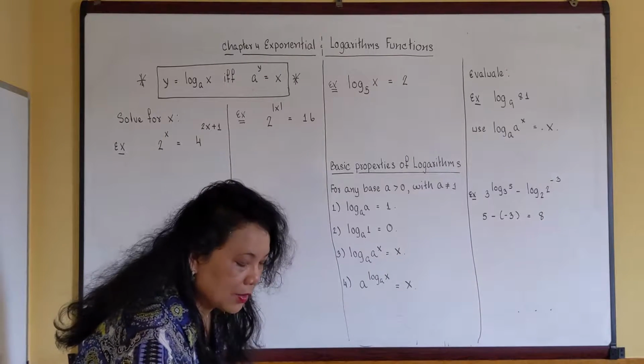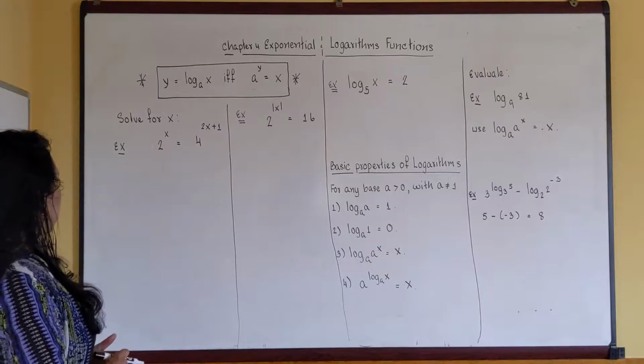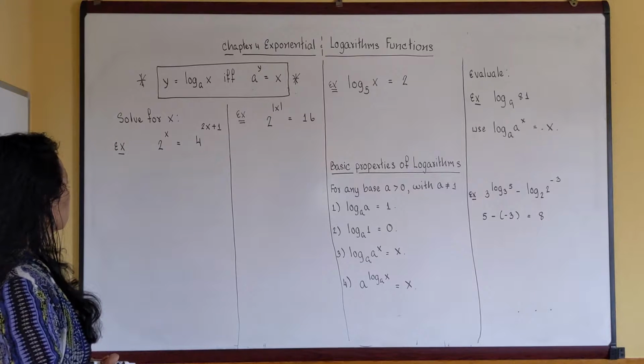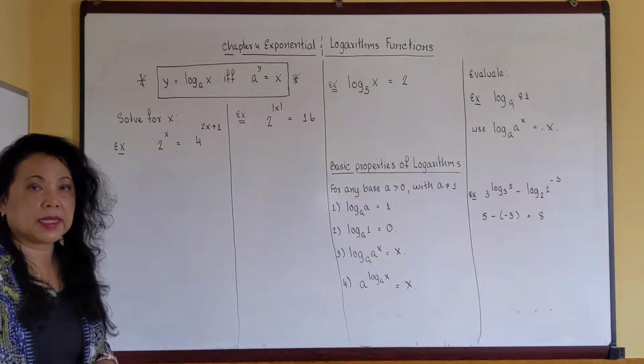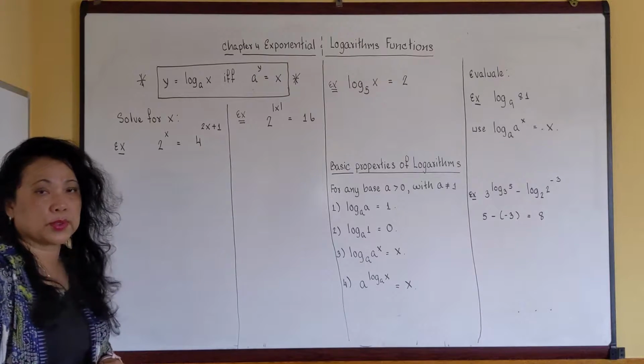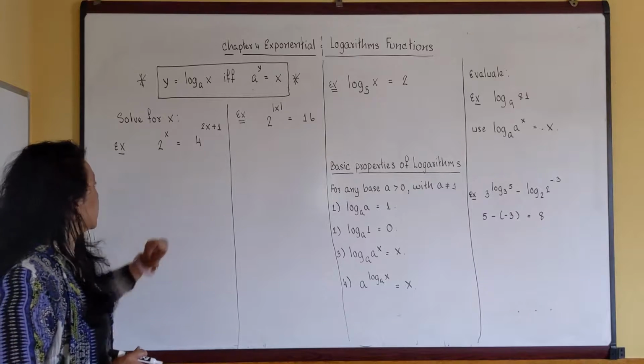So let's look at our first example. I have 2 to the x is equal to 4 to the 2x plus 1. If you can make them the same base, that would be the first approach. This is base 2, this is base 4, so I'm going to make them the same base.